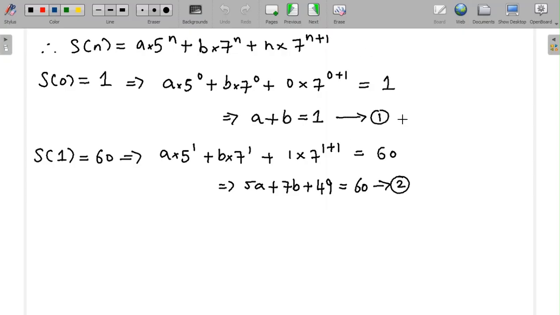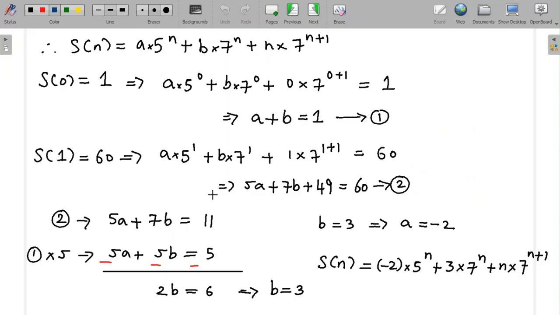So a plus b is equal to 1 is our equation number 1. And then when we use 1 for n, we have 5a plus 7b plus 1 times 7 squared, 49, is equal to 60. That's equation 2. That's another system of two equations and two unknowns, which can be solved easily. Solving them returns the values of a and b as -2 and +3.